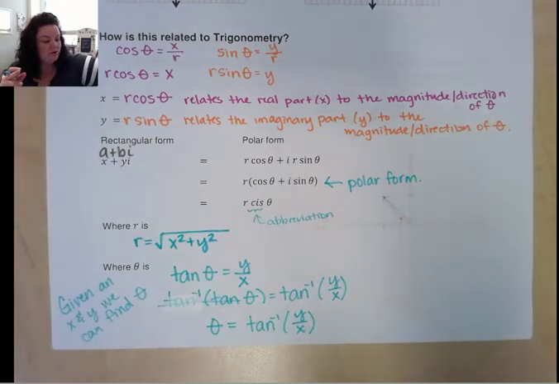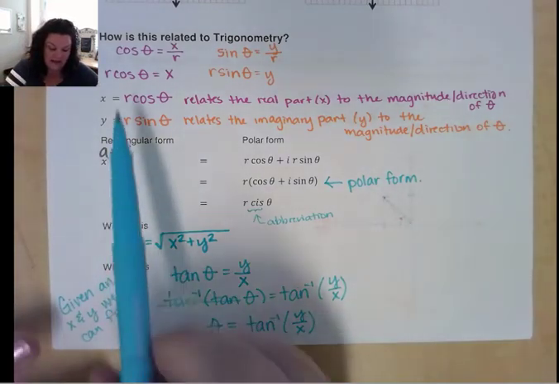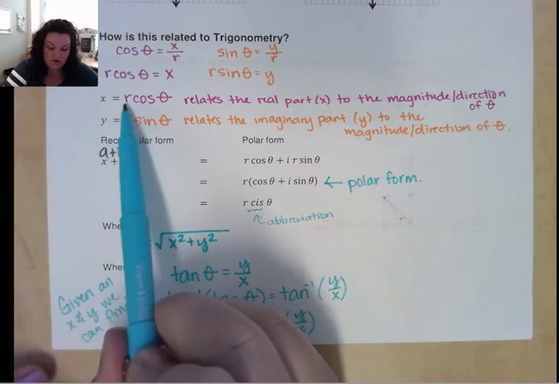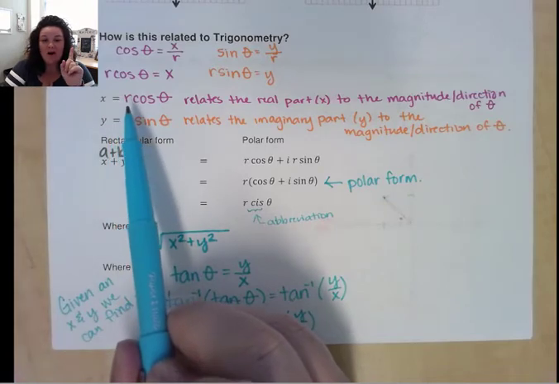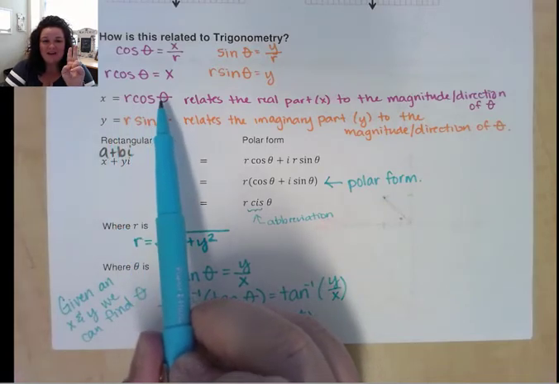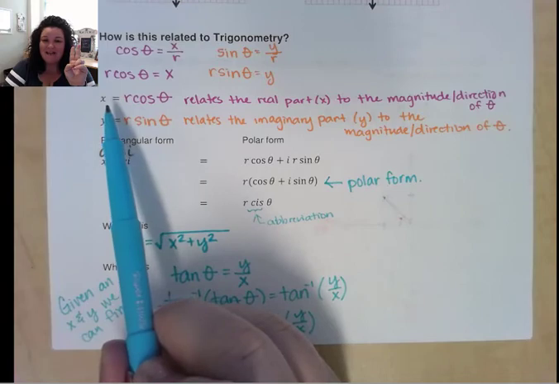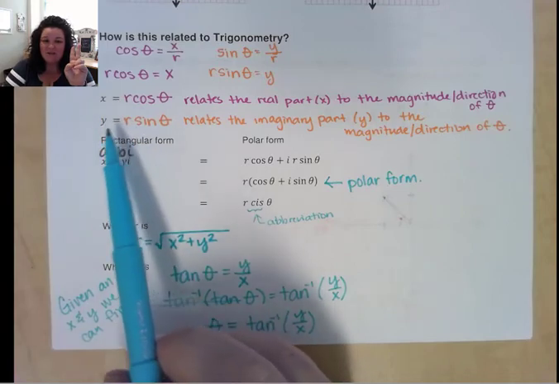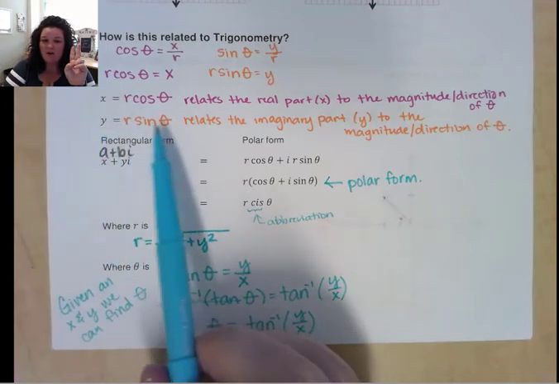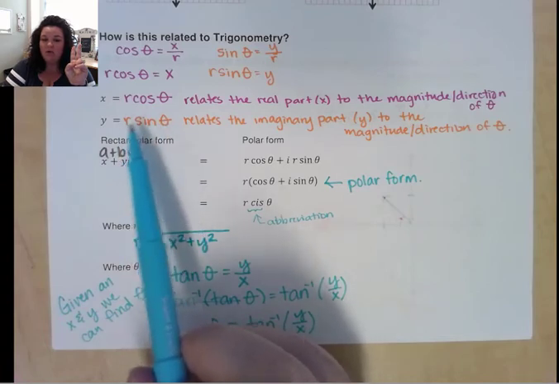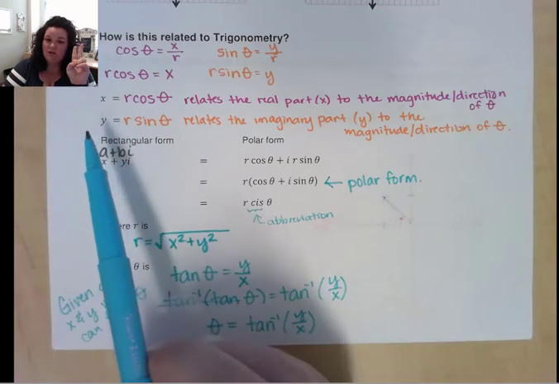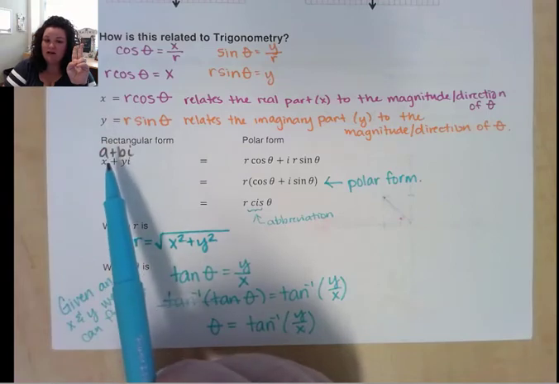Okay, so now we have a shortcut method to figure out everything that we need to know, right? If I know what r and theta are, I should be able to find x, and I should also be able to find y. So that's going from polar form to rectangular form, right?